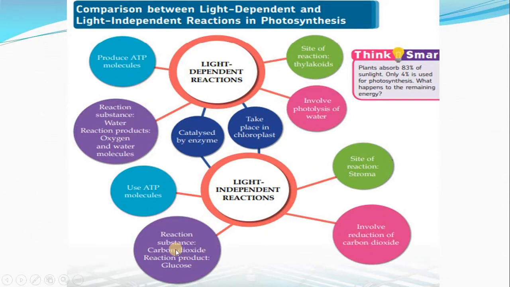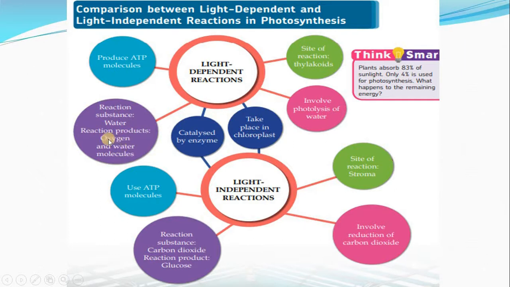Next, the purple color. For the light dependent reaction, the reaction substance is water. So water is needed in the light dependent reaction. The products are oxygen and water molecules.